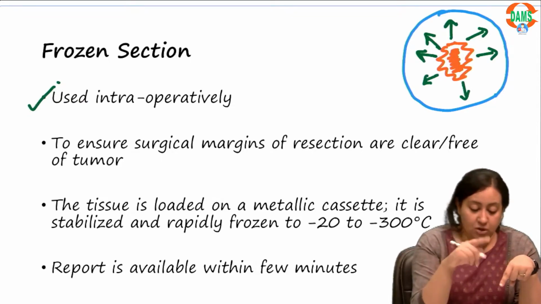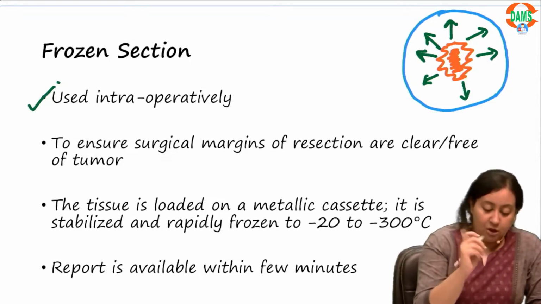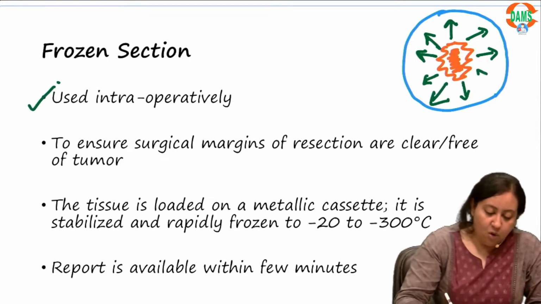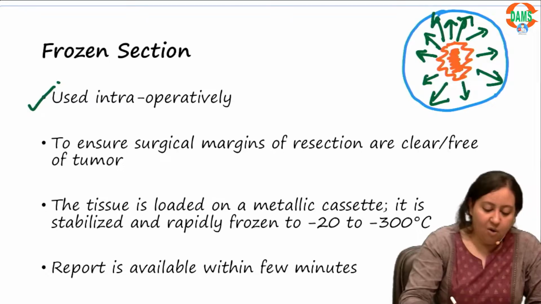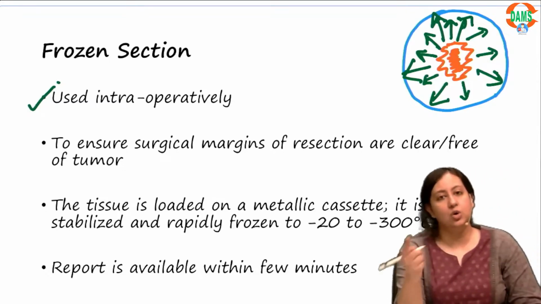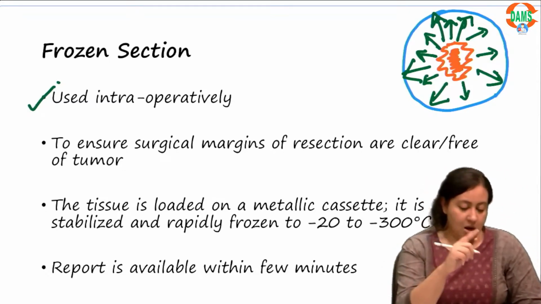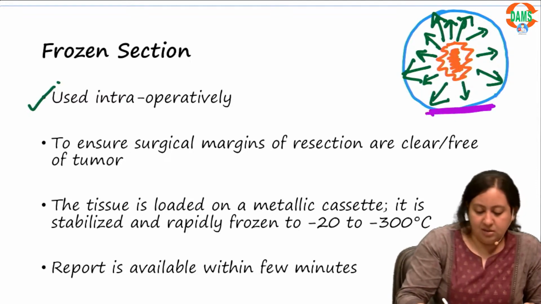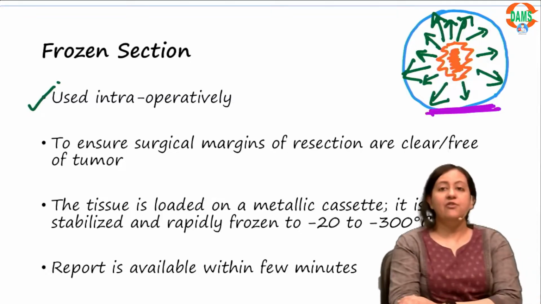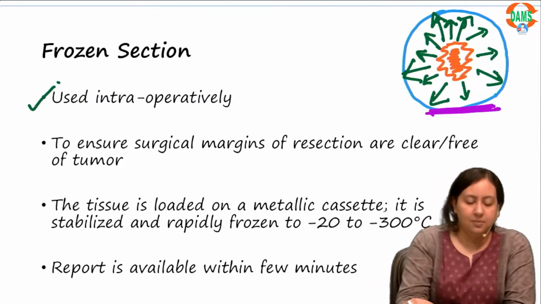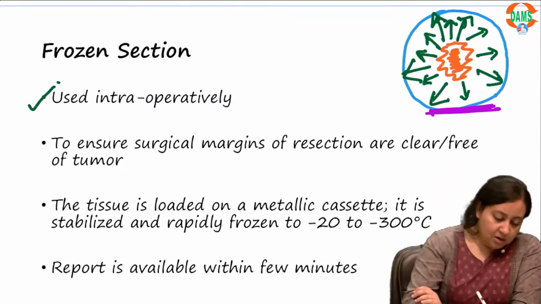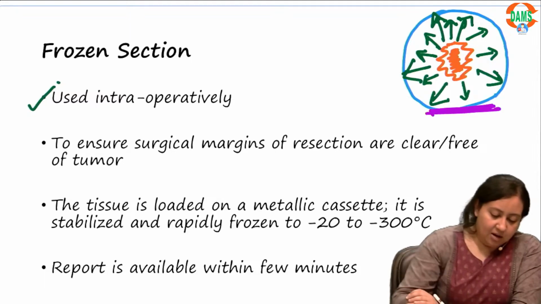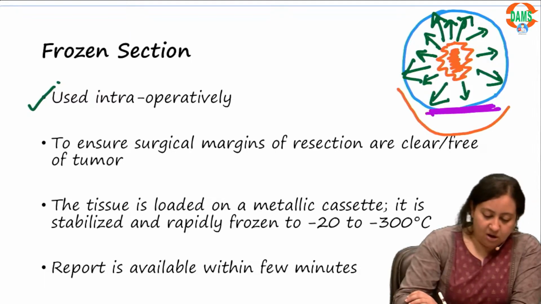Now two things can happen. The pathologist can tell you all margins are free of tumor, which means you have done a good clearance. Now suppose the pathologist tells you the inferior margin is close or is infiltrated by the tumor, then you will take a little more inferior tissue.